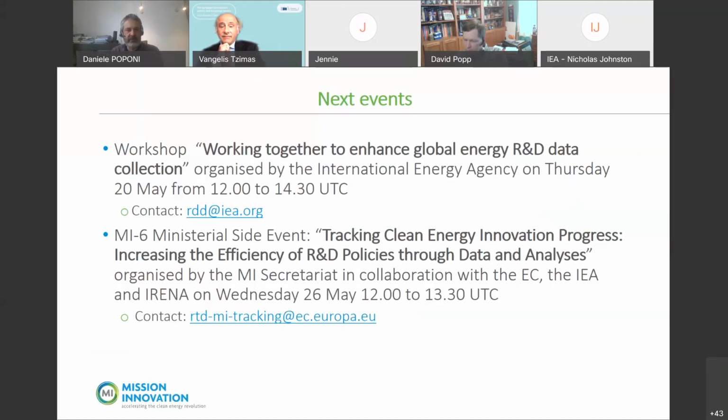And then the second one is a side event for our Mission Innovation Ministerial, tracking clean energy innovation progress, increasing the efficiency of R&D policies through data and analysis, which will try to, on one hand, sum up the activities that we have carried out over the last 3 years in the context of the tracking progress workstream of Mission Innovation, and also we want to gather views and ideas for the next phase of tracking progress, which will be called MI Insights.